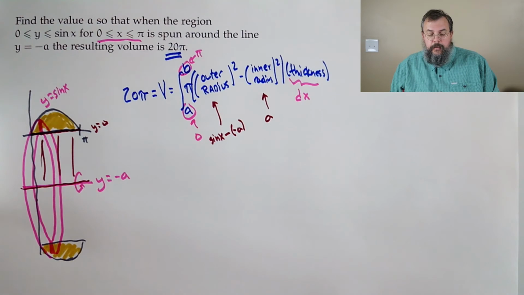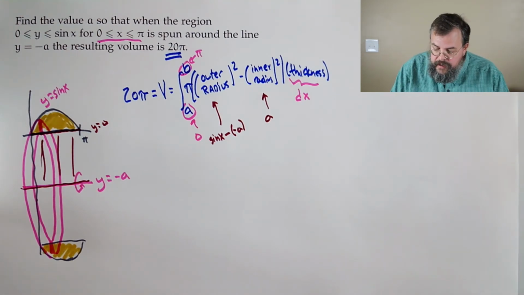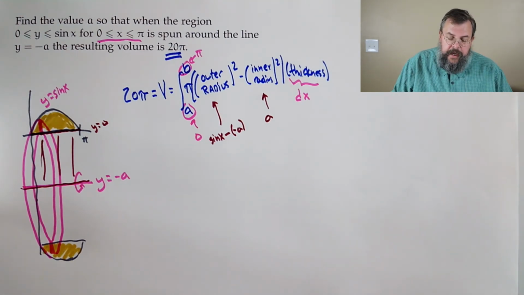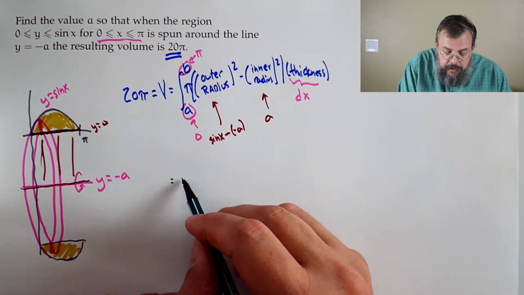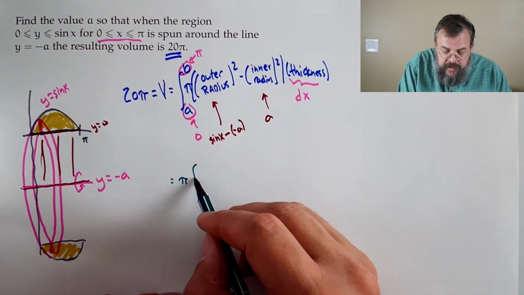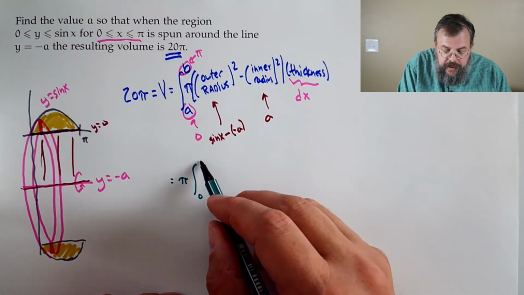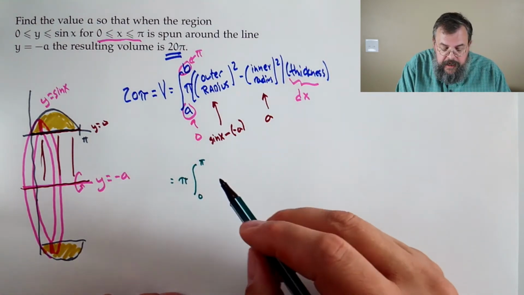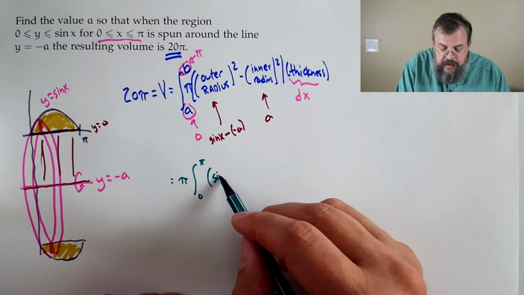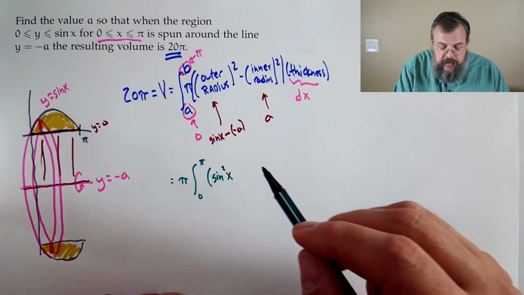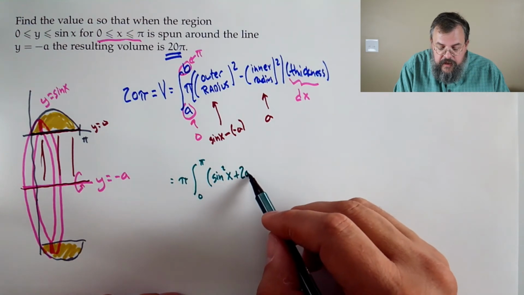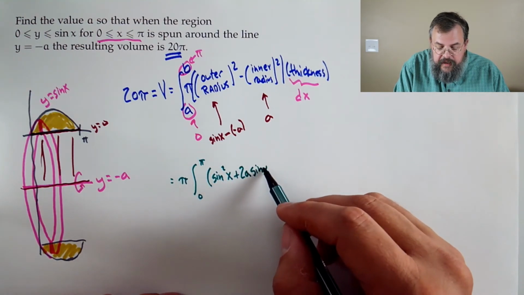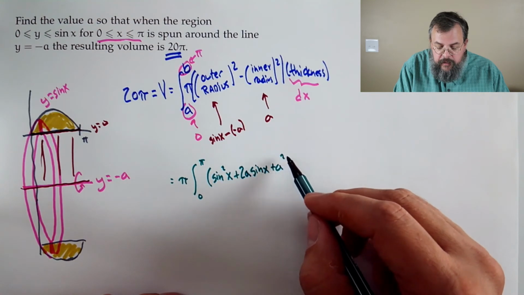All right, well, let's clean this up and see what we have. So we get that this is equal to pi integral 0 up to pi. If we square that, we're going to get sine squared of x, then plus 2a sine of x plus a squared.